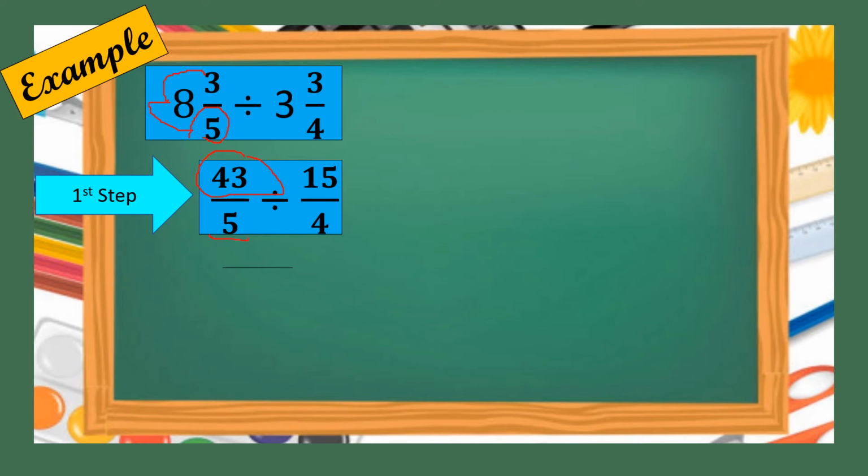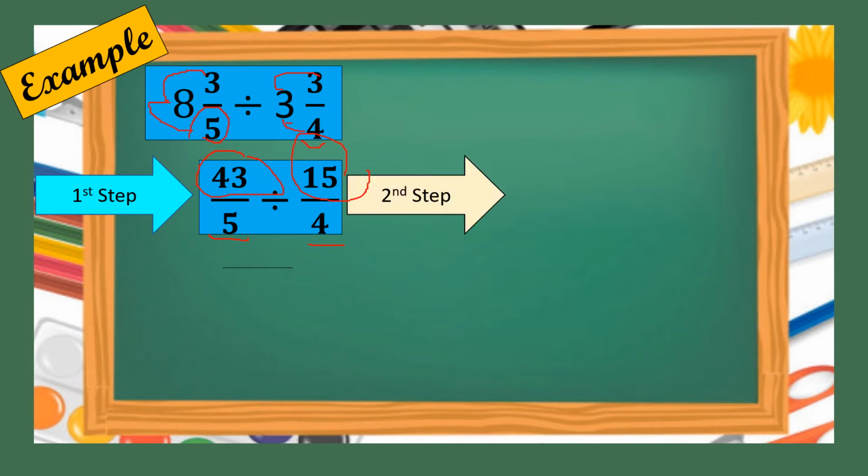Next, 4 times 3 equals 12. 12 plus 3 equals 15. And copy the denominator 4.